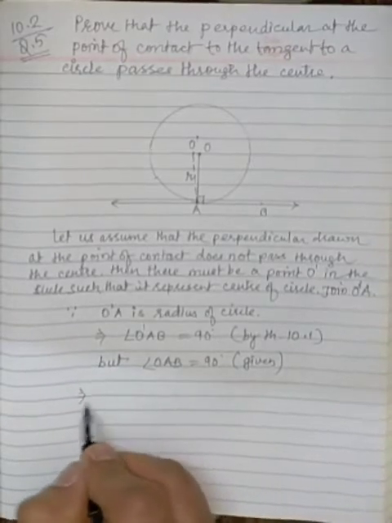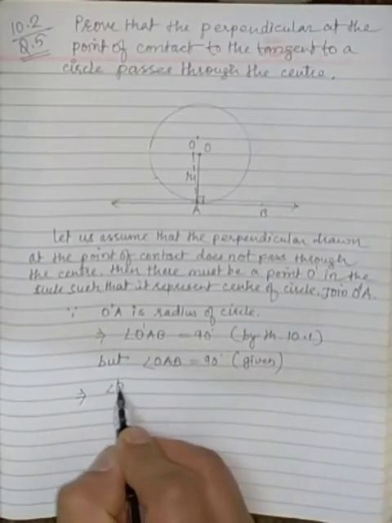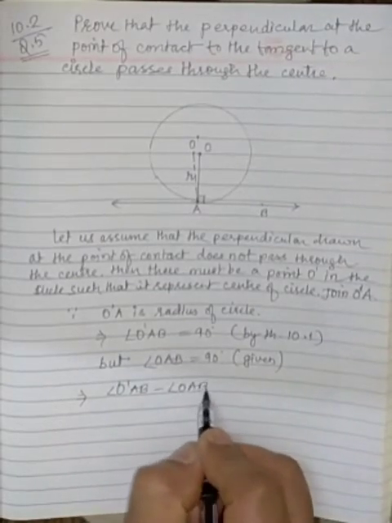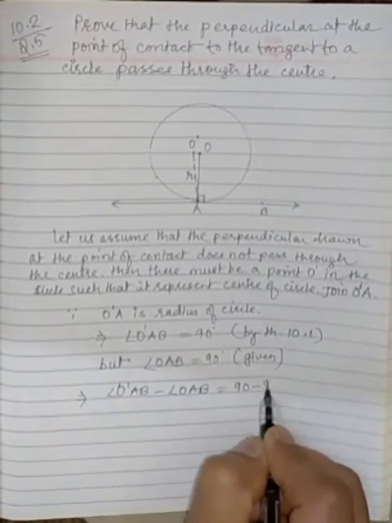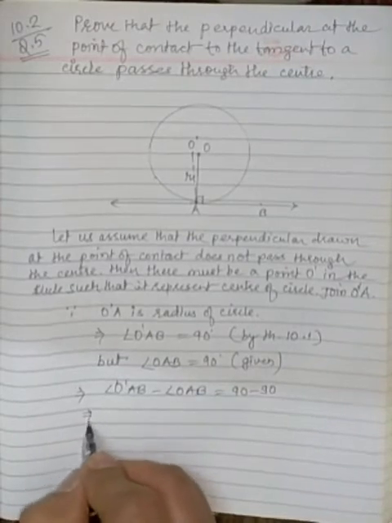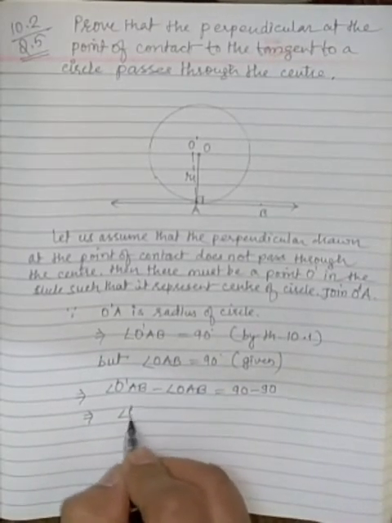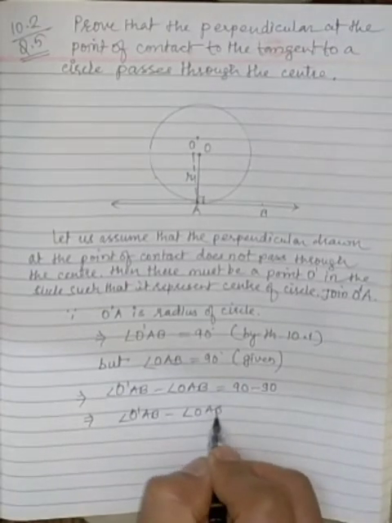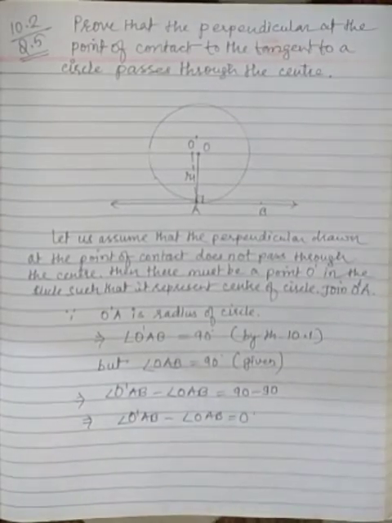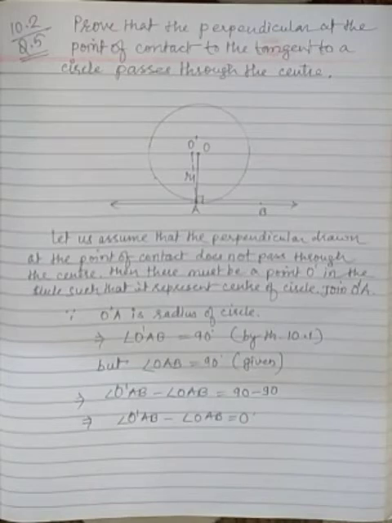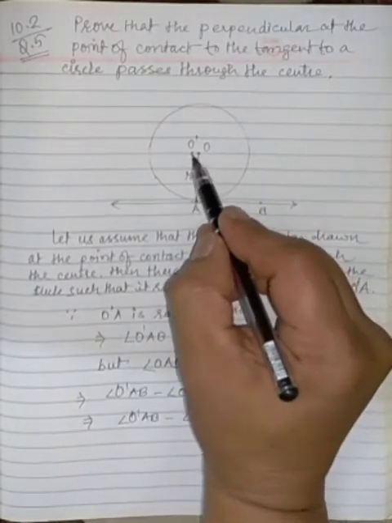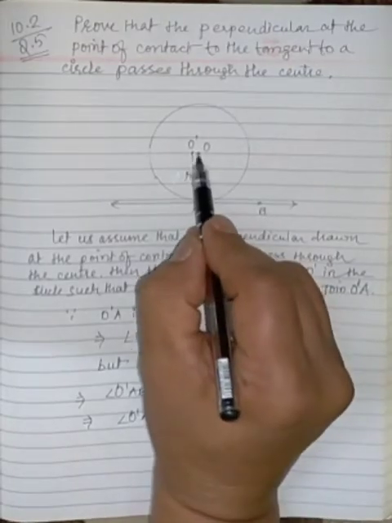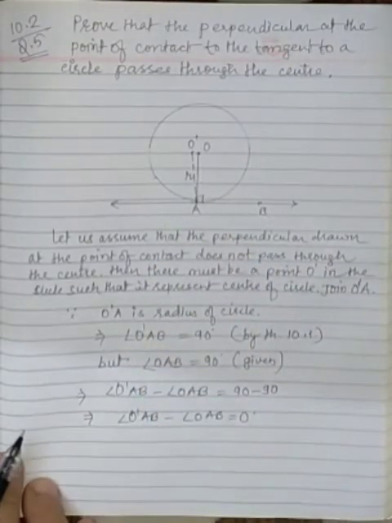This implies that angle O dash AB minus angle OAB is equal to 90 minus 90. Therefore, angle O dash AB minus angle OAB is equal to 0 degrees. That means the difference between these two angles is 0 degrees.